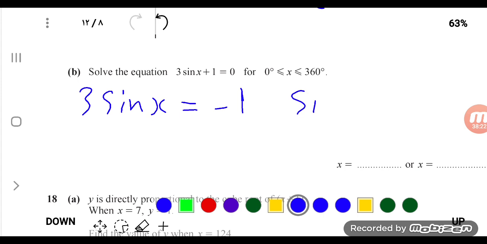You get sine x equal -1 over 3. Then you go to the calculator and you can do shift sine of -1 over 3. So if you do shift sine on the calculator, you get a value. Here you add 360 to the value. So you get 199.5.